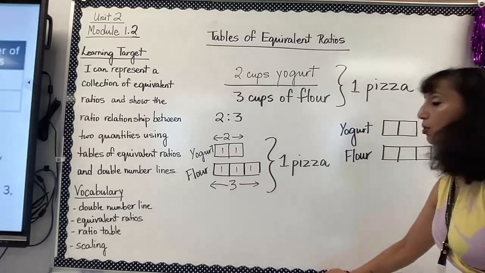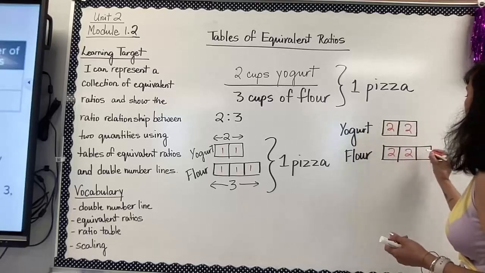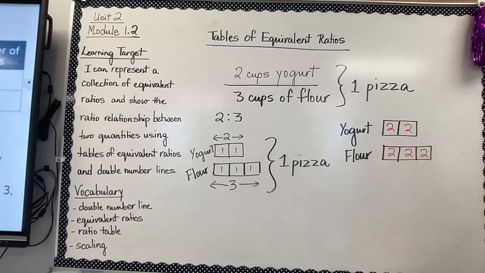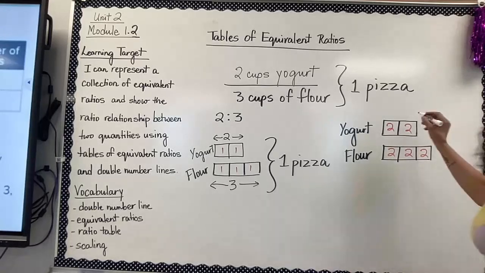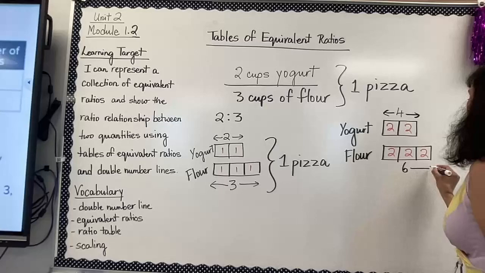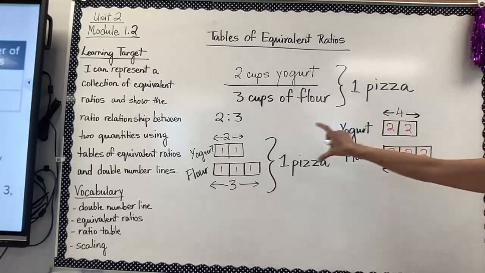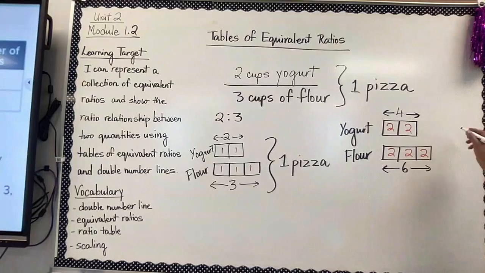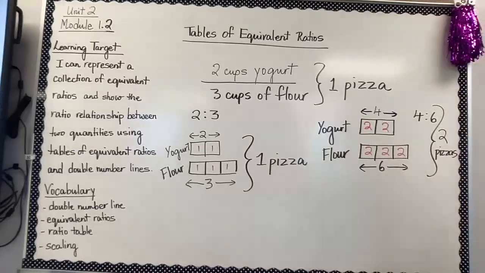So now, instead of 1 and 1, I'm going to put 2 here because it should be equivalent, right? So now, what do I have up here? I have 4 of the yogurt, and I have 6 cups for the flour, okay? So as I can see, this ratio is being maintained, 2 to 3, so this one is going to be 4 to 6, and this is for my 2 pizzas.